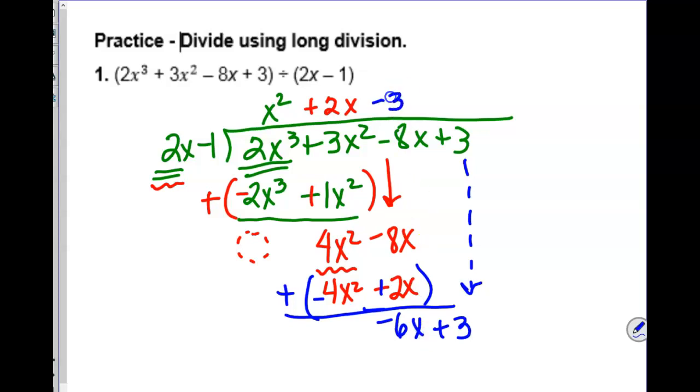Negative 3. So negative 3 times 2x would be negative 6x. Negative 3 times negative 1 would be plus 3. If I subtract, or change the signs and add, it comes out 0, yes?